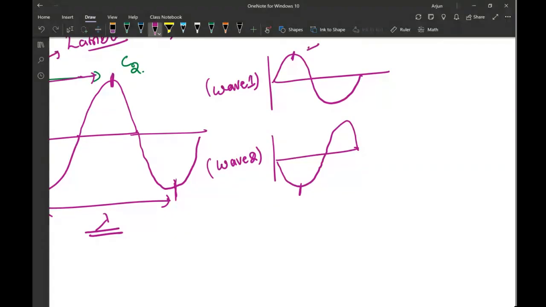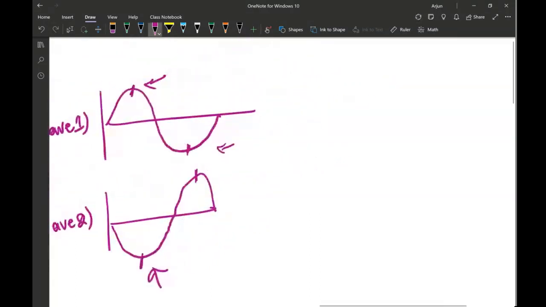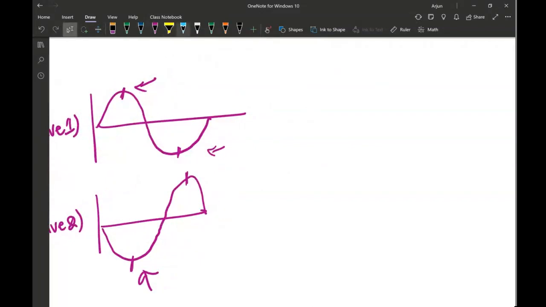If the crest of the first wave meets the trough of the second wave, or the trough of the first wave meets the crest of the other wave, then these two waves will try and cancel out each other at that particular point. Only at that particular point. I'll tell you why I'm emphasizing that particular point later on too.